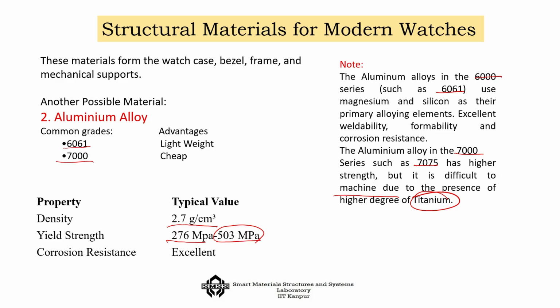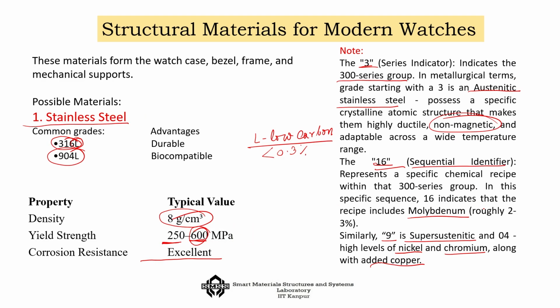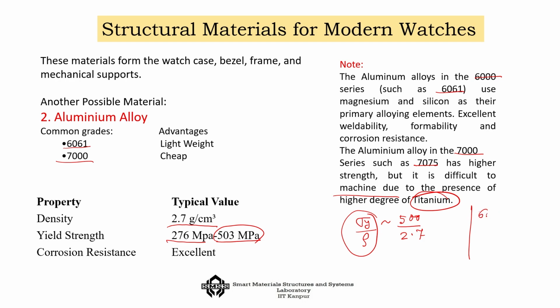Now, the good thing is that it becomes even better if you think of it not simply as the yield strength, but if you think of sigma y over rho. So, compare the sigma y over rho here, which will be, let us say, approximately 500 over 2.7, versus what we saw for steel, which was somewhat bigger, 600.